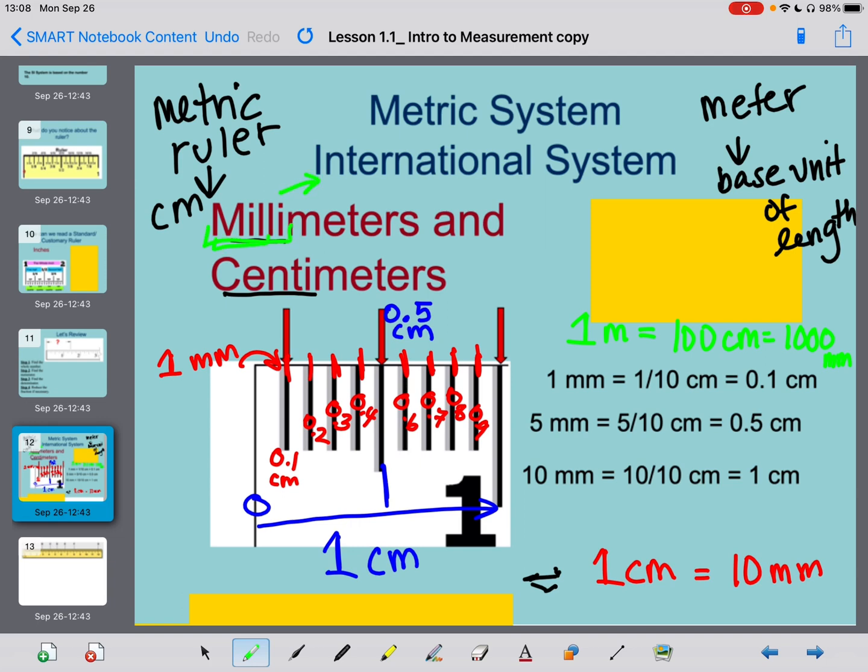If you speak Spanish or Italian, you know that's representation for 1,000. Centi, again, kind of that language connection. Cien is 100. Okay, so keep that in mind. So in just 1 meter stick, I have 100 centimeters, and we can actually count that. Likewise, we have 1,000 little notches, which represent our millimeters.